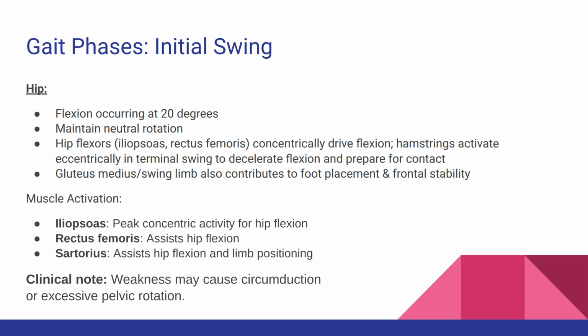The gluteus medius on the swing side plays a subtle but important role in controlling pelvic position and contributing to accurate foot placement. The clinical pearl: weakness during initial swing often manifests as circumduction, excessive pelvic rotation, or vaulting on the contralateral limb.